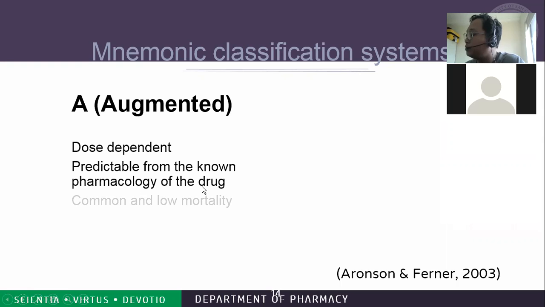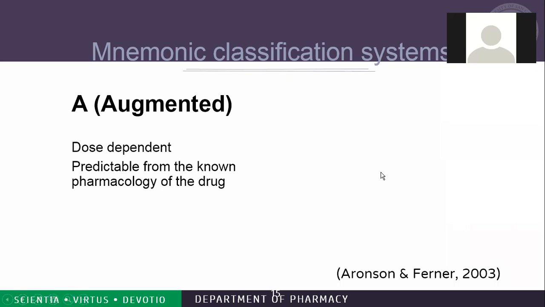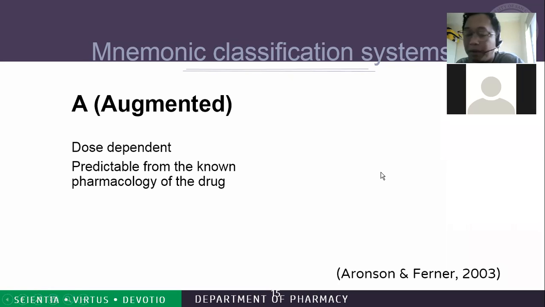For example, if somebody uses an anti-hypertension drug, because it can be dose dependent, the reaction can cause hypotension if the dose is more than the normal dose.